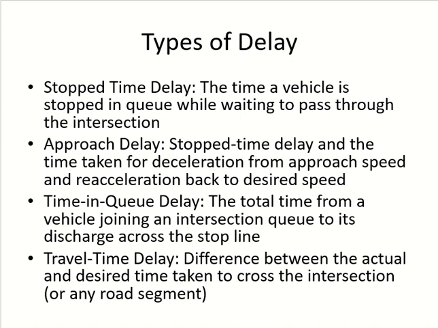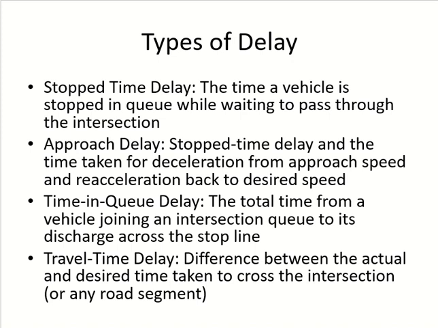Then we have this one, which is called the approach delay. We studied the same thing in the travel time topic and gave it the name control delay. Control delay and approach delay mean the same thing. Control delay or approach delay includes 3 things.